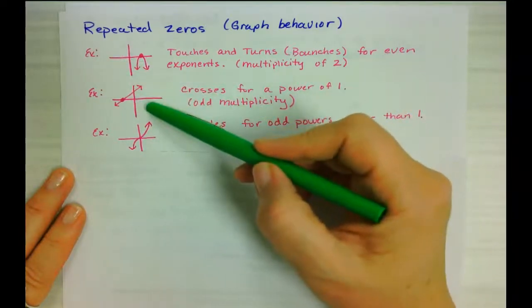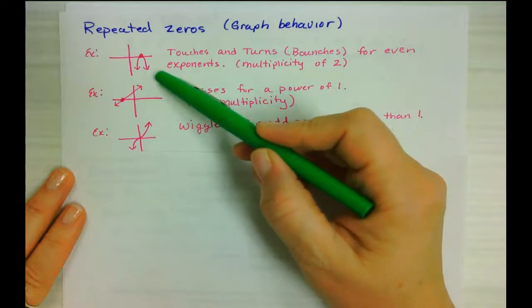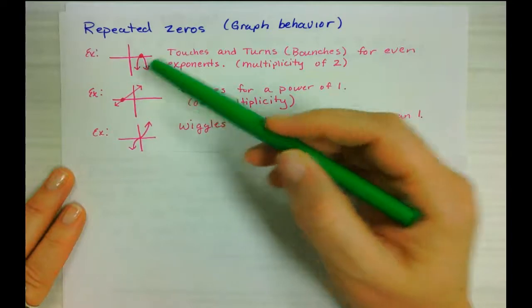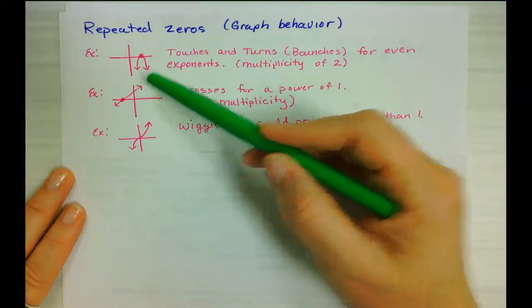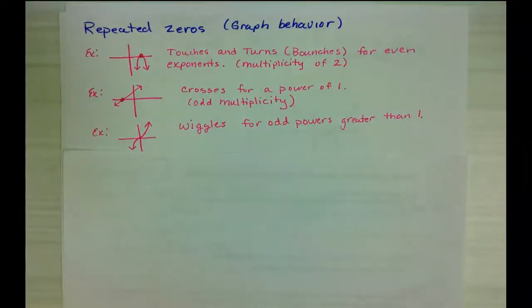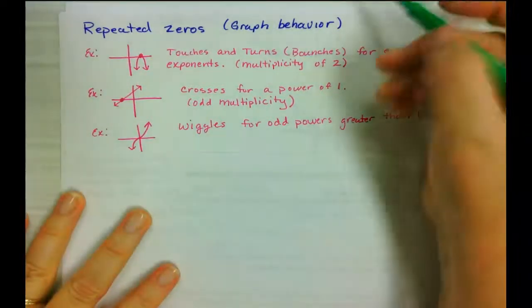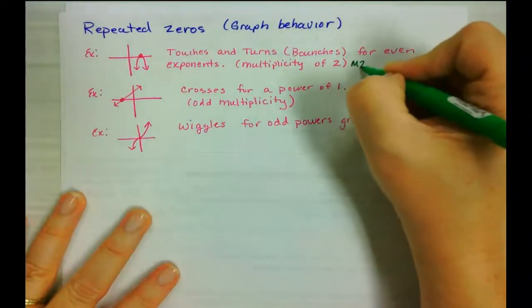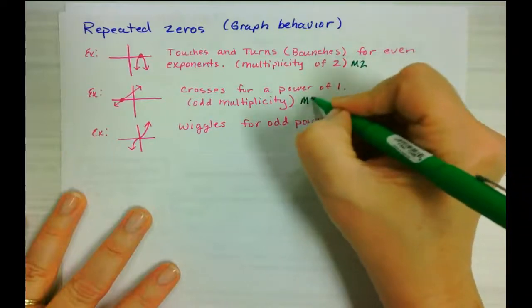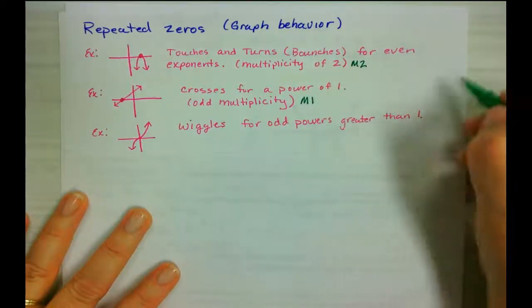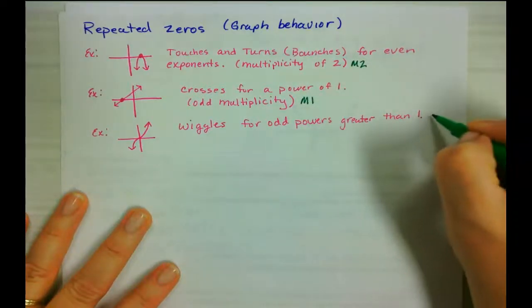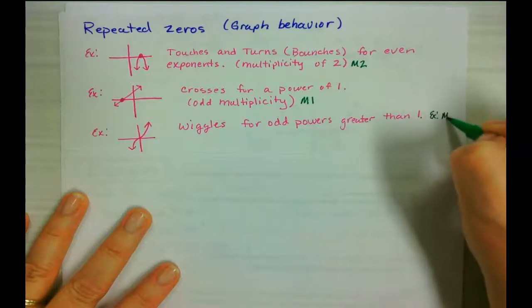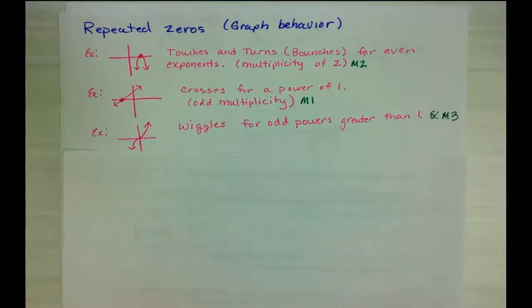We say it crosses if it's an M1, and we say that it bounces or touches if it is an M2. Okay? So I'm going to write that on here because I noticed that's not on. So multiplicity of 2, M2, multiplicity of 1, M1, and multiplicity greater than 1, so let's say example M3, just so you have those in your notes.